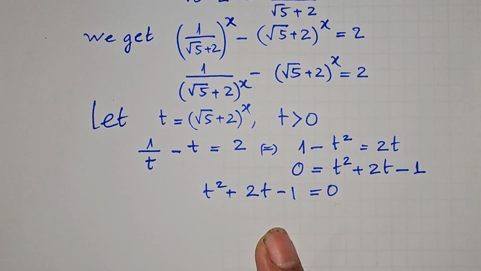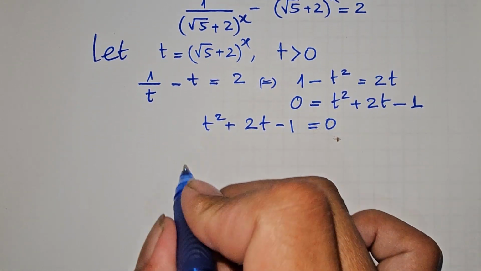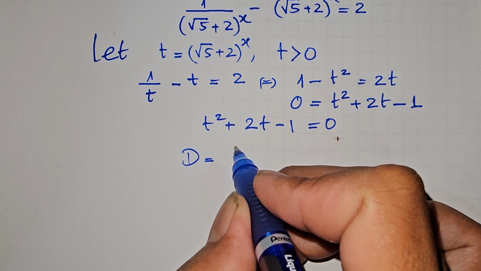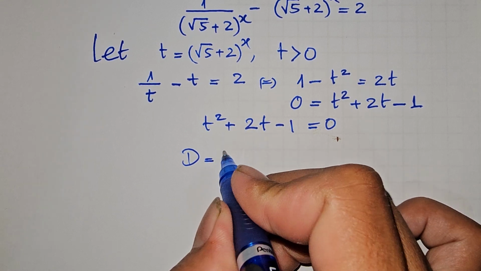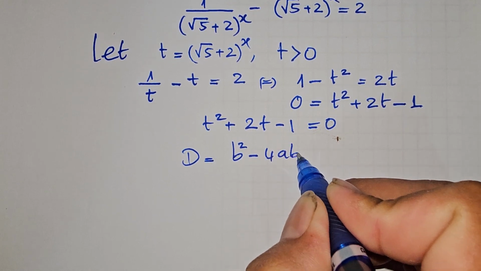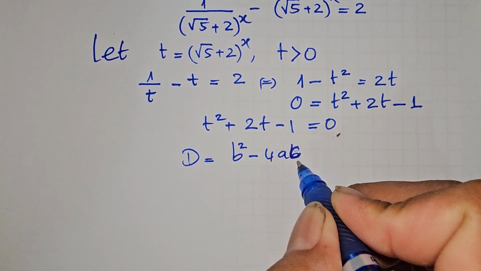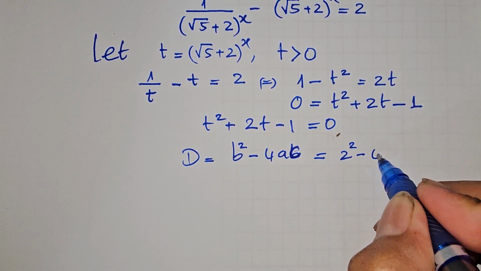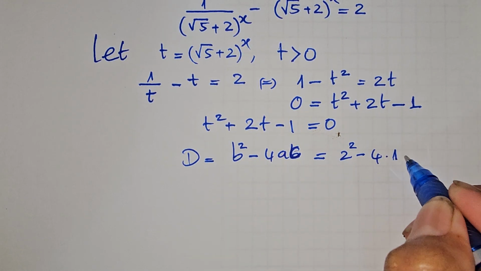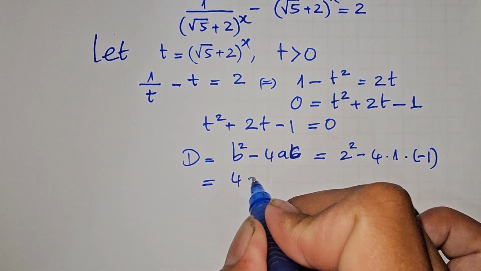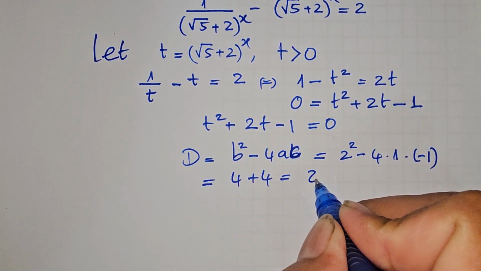Now we use the discriminant, which is b squared minus 4ac. So we get 2 squared minus 4 times 1 times negative 1, and so we get 4 plus 4 equals 8.